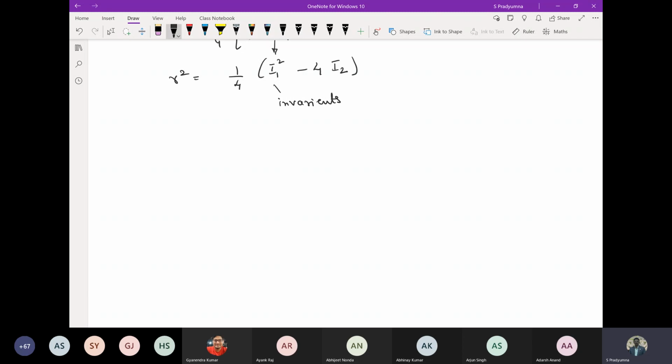Mathematically all are the same, but the only thing is the orientation, the rotation, the sign convention will be something different, right? So this is what we do here. So we can plot the Mohr circle. So let me plot the Mohr circle.